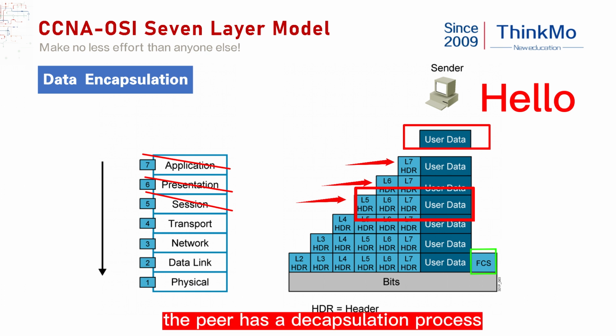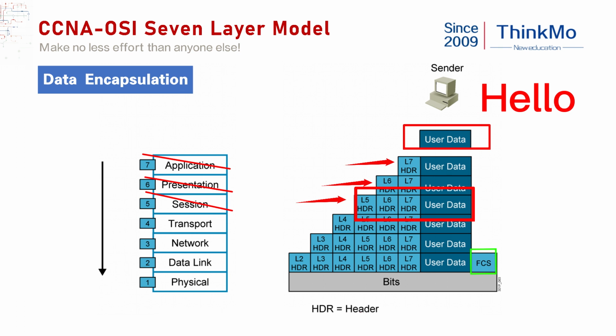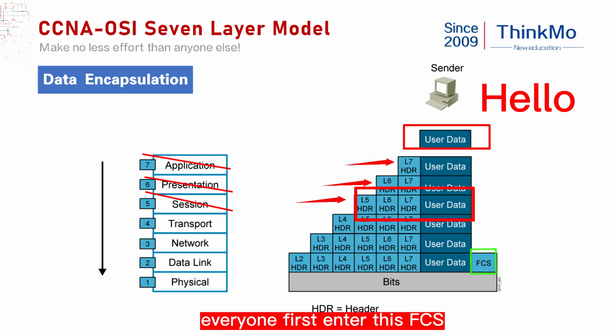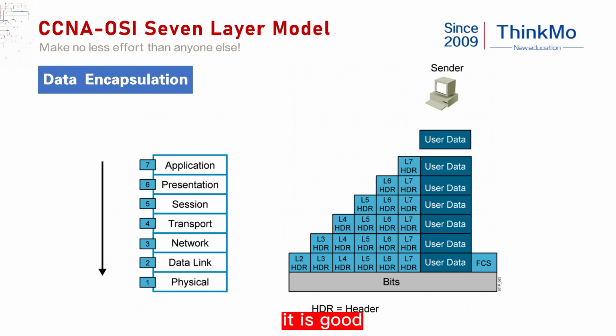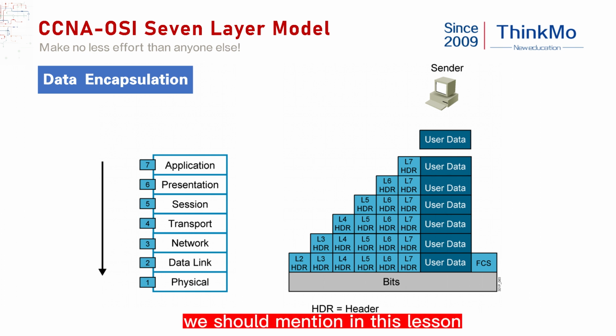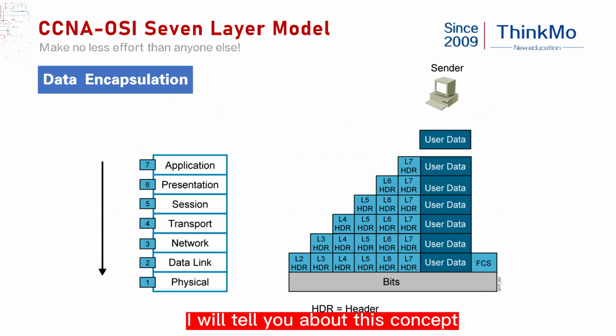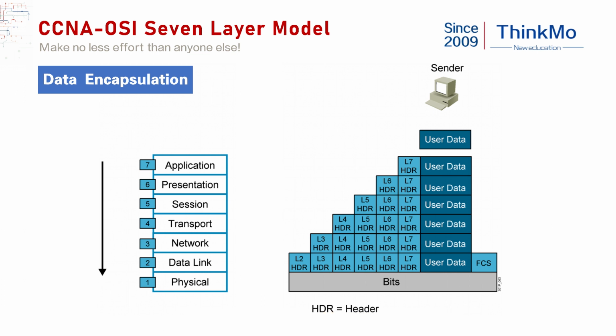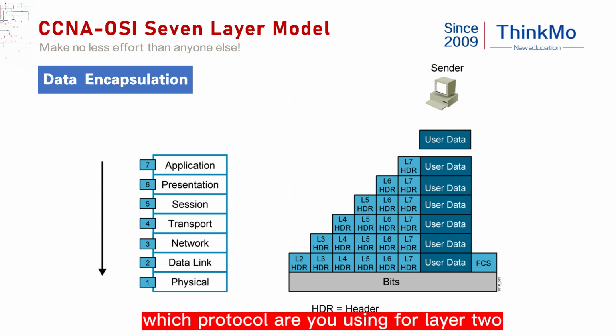The peer has a decapsulation process. First enter this FCS. We check it first. It is good. Then let's look down. How big is this packet after the overall encapsulation? We should mention it in this lesson. When it comes to MTU, I will tell you about this concept. It depends on which protocol you are using for layer 2.